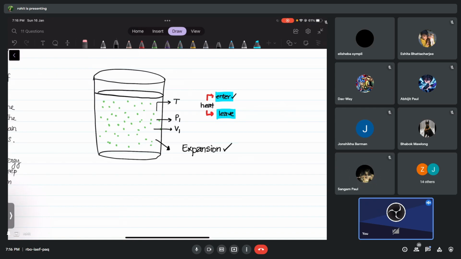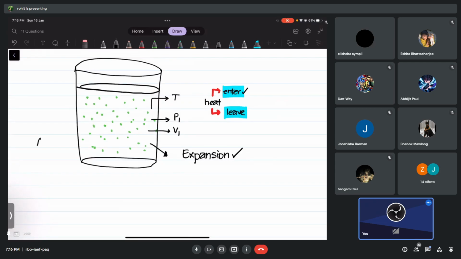Now think and tell me, if heat Q has entered the system, heat is energy. Do you agree with me that the piston has reached here because heat has entered, and because of heat, the molecules are using that heat to go and push the piston? Do you agree with this?